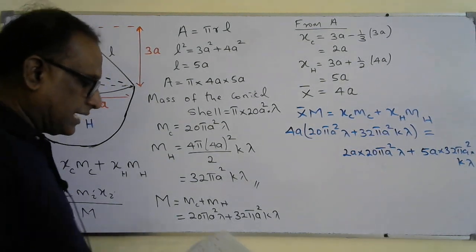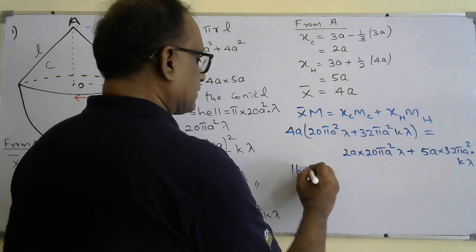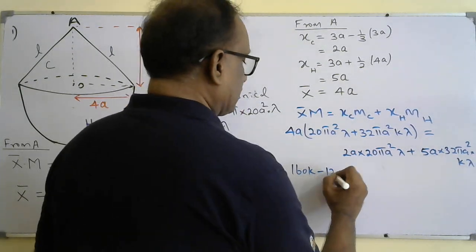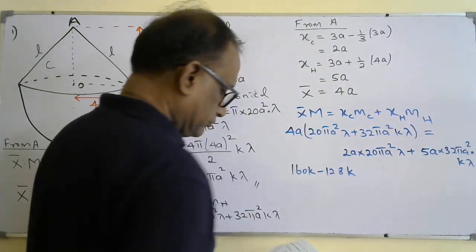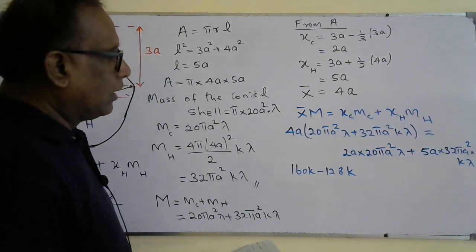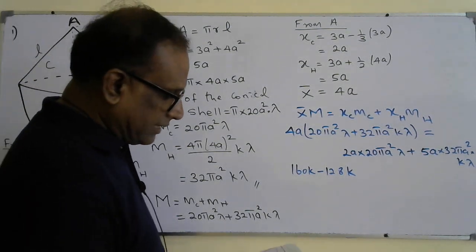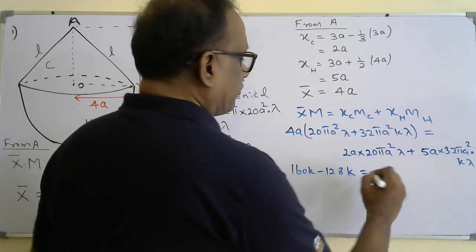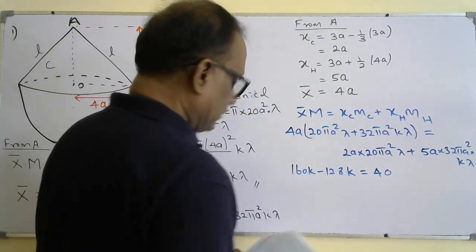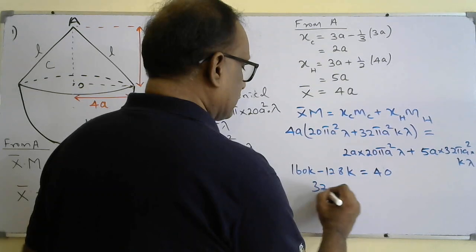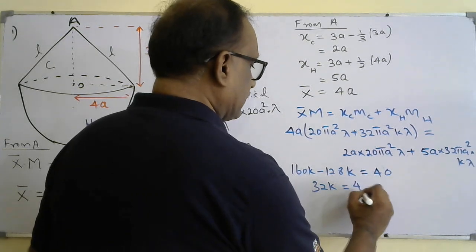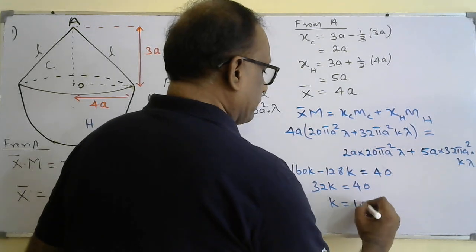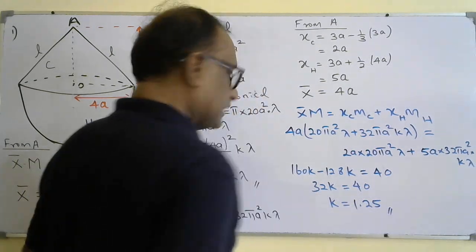You will end up with 160k minus 128k is equal to 80 minus 40, that is 40. So finally 32k is equal to 40. So k will be equal to 5 by 4 or 1.25. That's the answer.